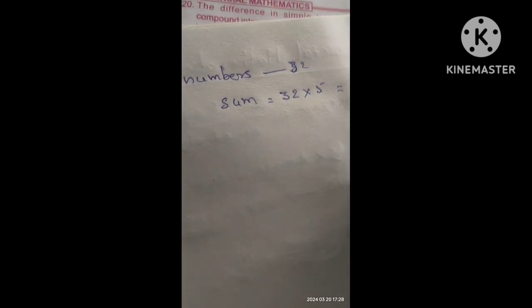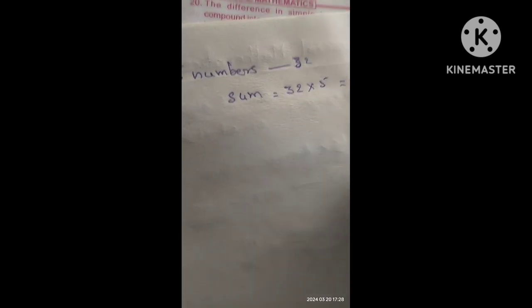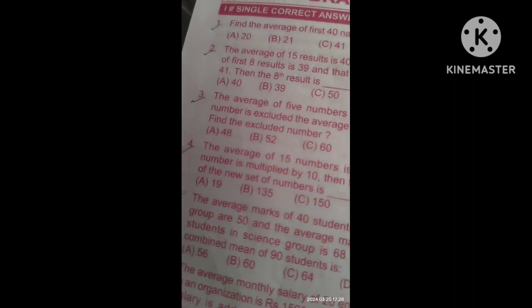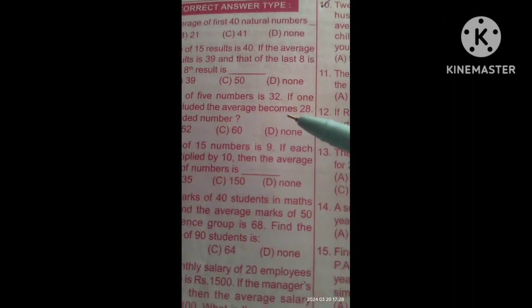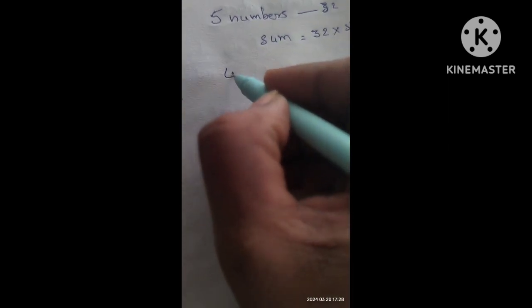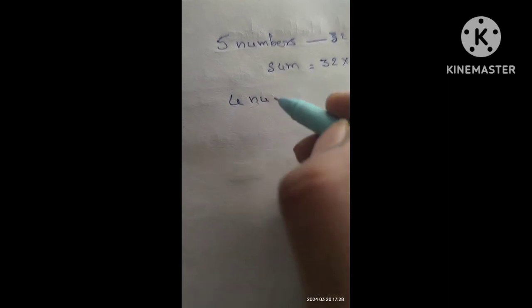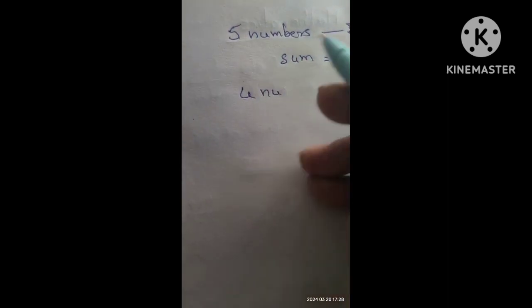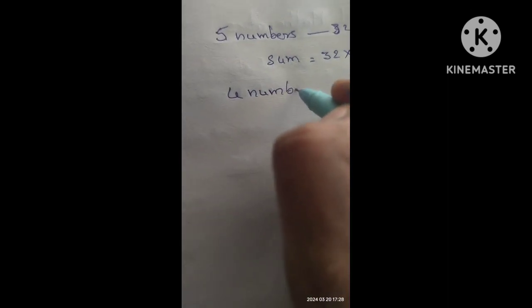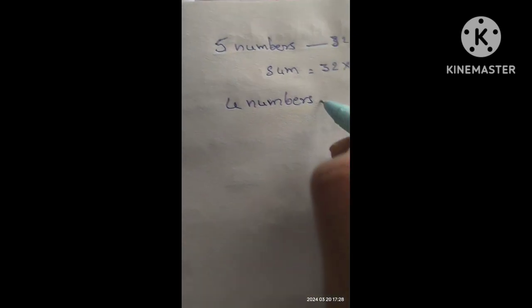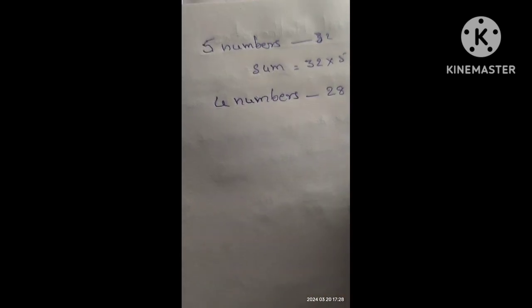It is equal to 160. Now they said if the one number is excluded, then the average becomes 28. Means average of 4 numbers, because one number excluded. So we remove that one. Means the remaining numbers are 4 numbers only. 4 numbers average is, they said, 28.